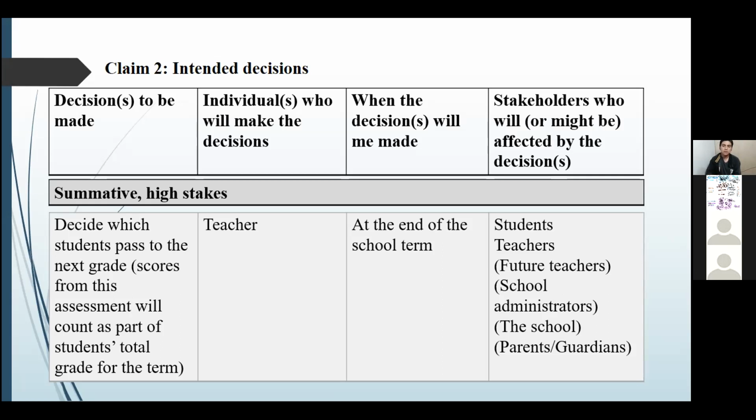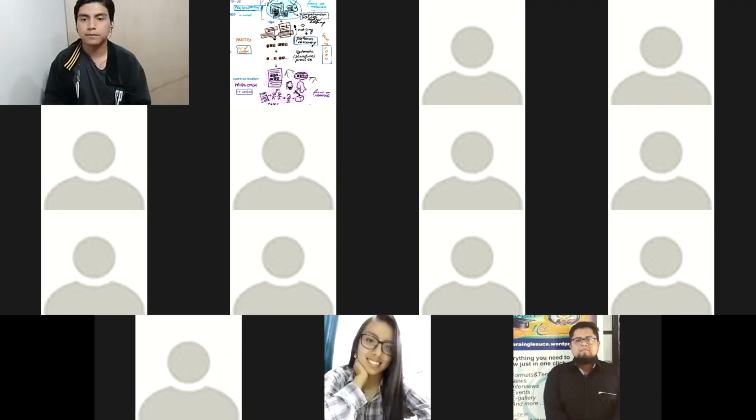These decisions are gonna be made at the end of the school term, and who are gonna be affected by the decisions, the students and teachers mainly. And on second instance, we can say that maybe future teachers, school administrators, parents, and guardians.